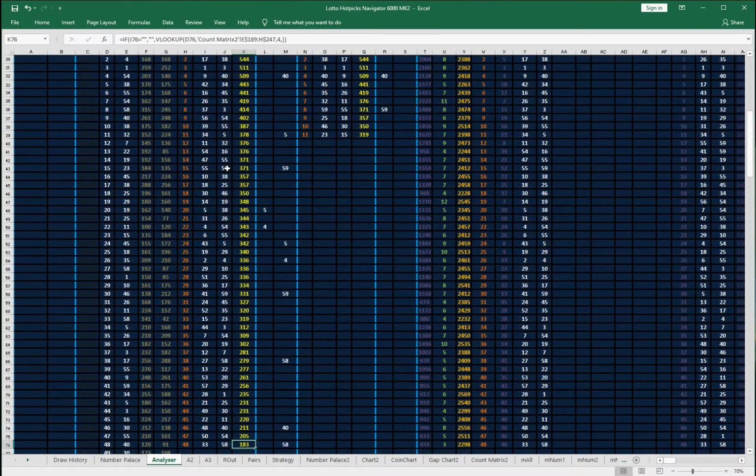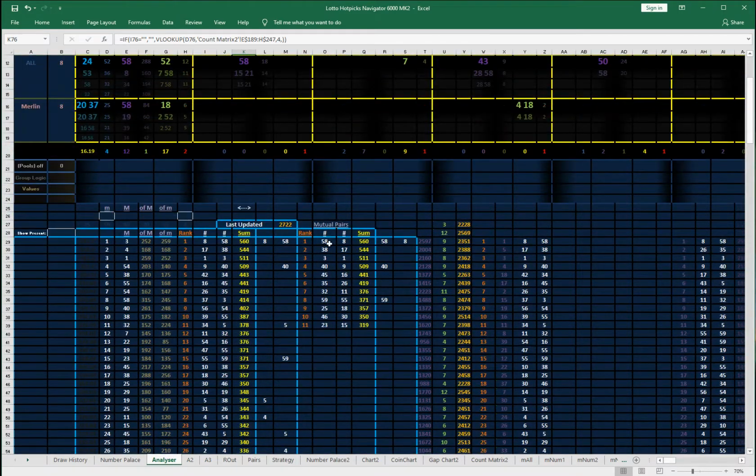Now, the pairs where the number that's most overdue for its frequency on a number's chart is the same as the number, if basically the most overdue for the frequencies are both with each other, it's a mutual pair.